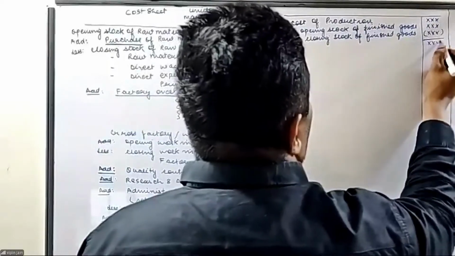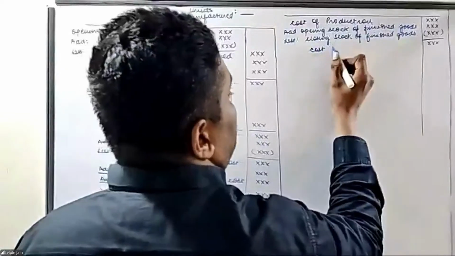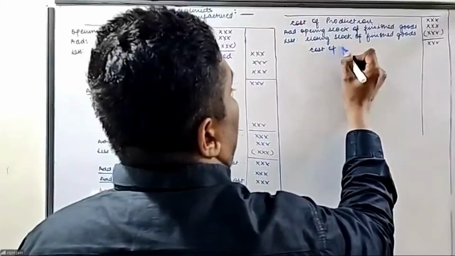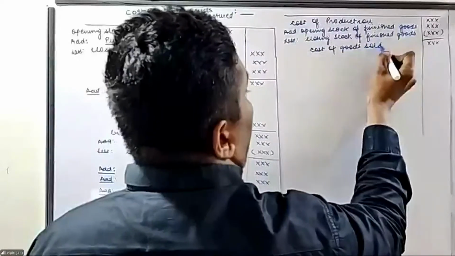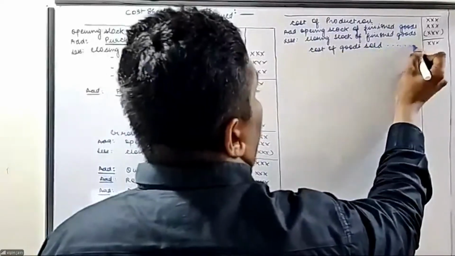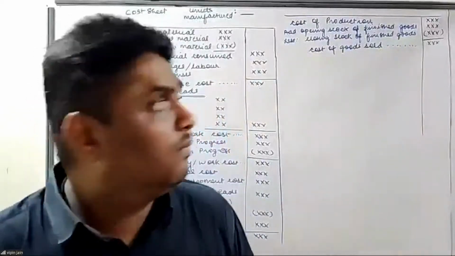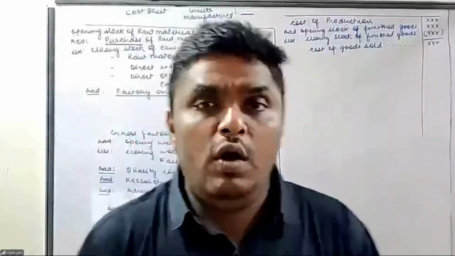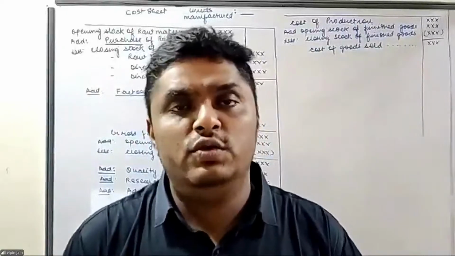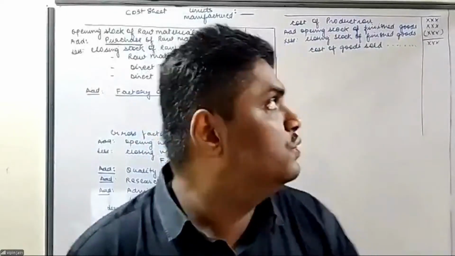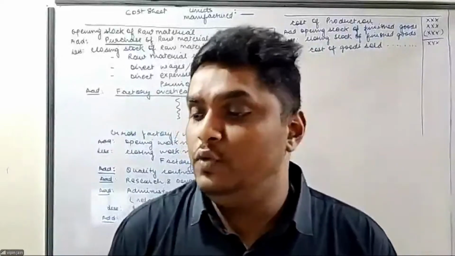This is how we will get the cost of goods sold. The units that are sold will get the cost for the same. So in cost of production, we will make adjustments of opening stock of finished goods and closing stock of finished goods. This is how we will get the value of the units sold, that is the cost of goods sold.